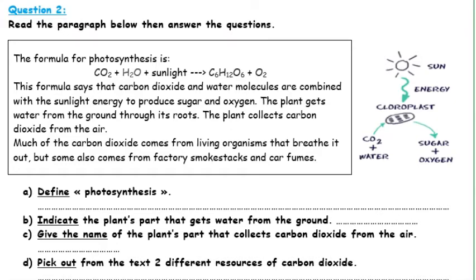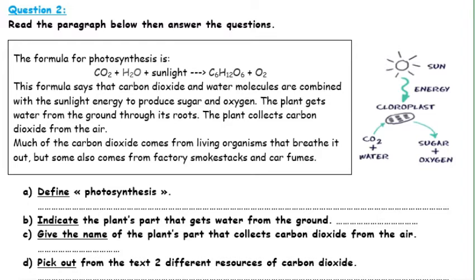The plant gets water from the ground through its roots. The plant collects carbon dioxide from the air. Much of the carbon dioxide comes from living organisms that breathe it out, but some also comes from factory smokestacks and car fumes.